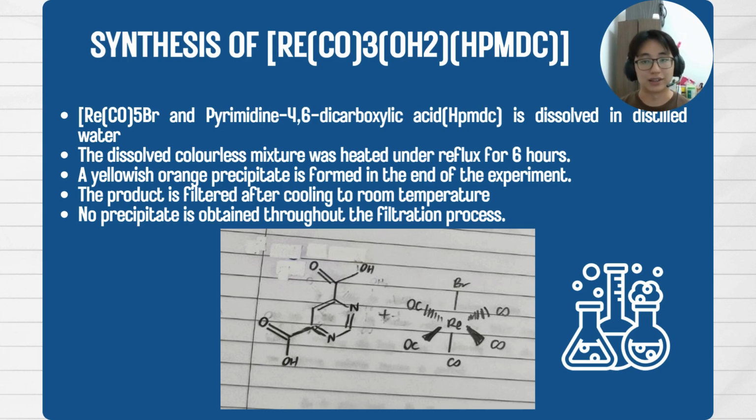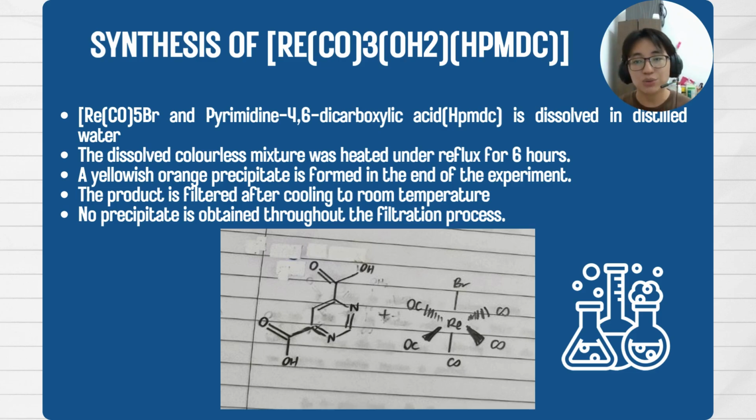They are both dissolved in distilled water first. After that, the dissolved mixture is placed into a setup consisting of a round bottom flask and a condenser. The water is connected to the condenser to allow reflux to take place. The mixture in the two-neck round bottom flask is heated and constantly stirred using a magnetic stirrer for 6 hours.